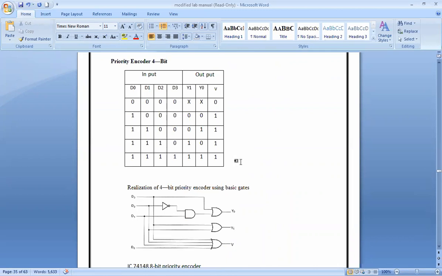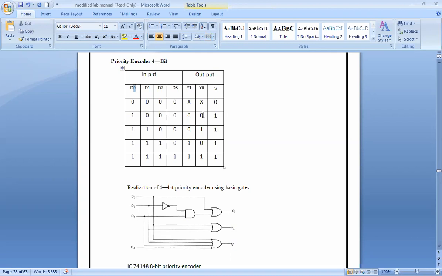The concept is very much known to all of you with regards to priority encoder. The word priority means value is given to the highest valued bit. So here, if D naught is high, that means it corresponds to this 0.